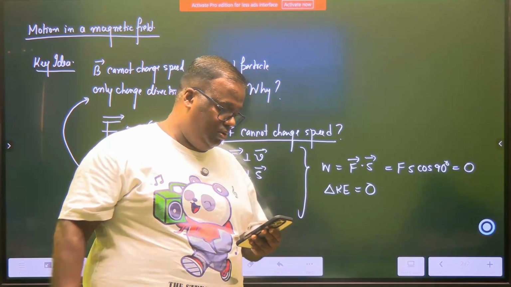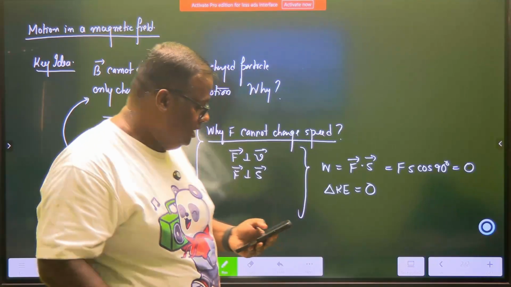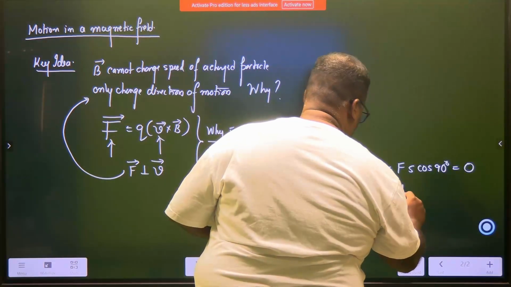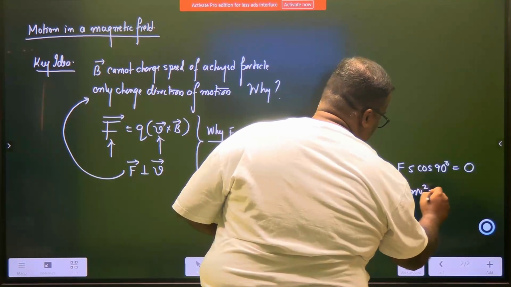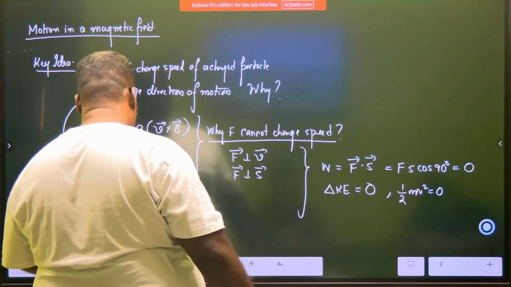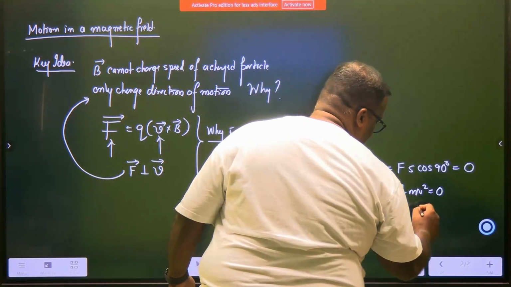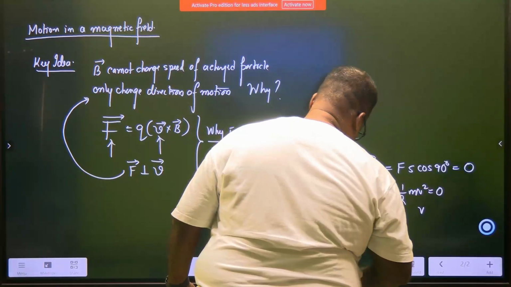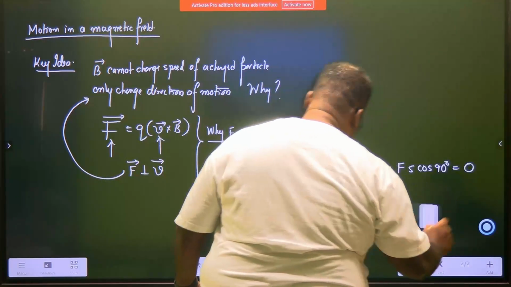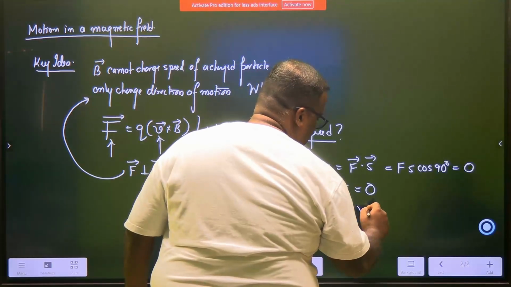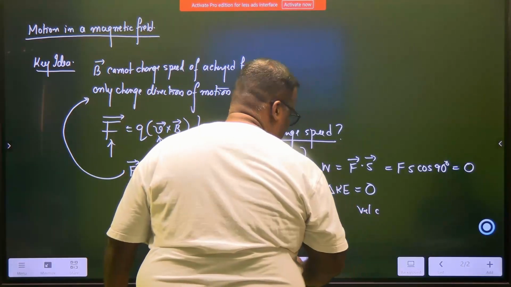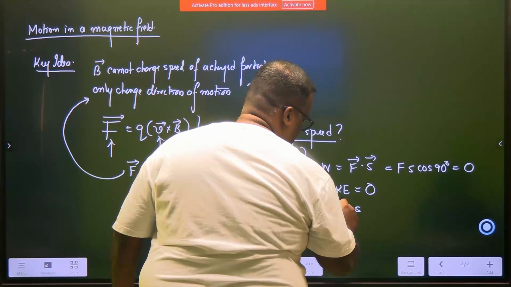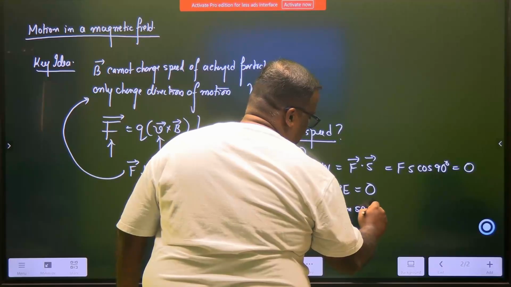Is this logic understood? So, if the change in kinetic energy is 0, what is kinetic energy? That means you can also write that half mv square is equal to 0 change. M never changes. Change in kinetic energy 0 means change in speed is equal to 0.